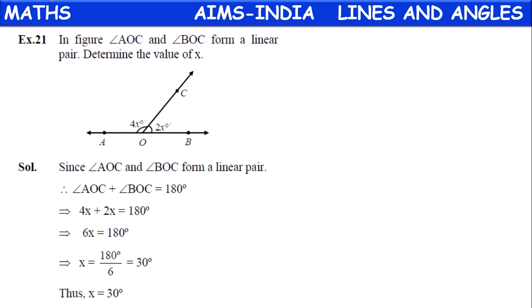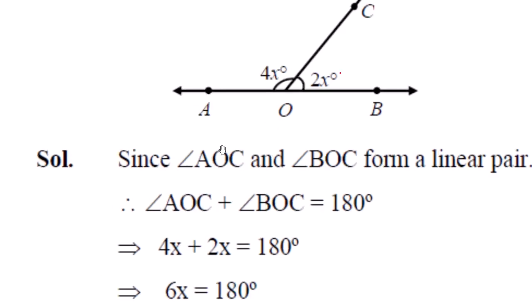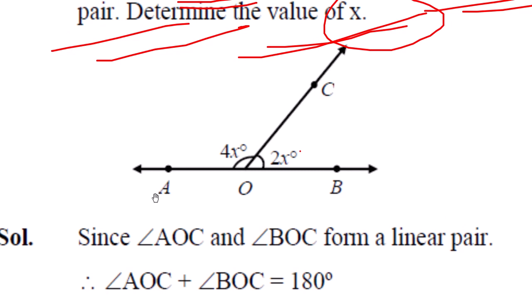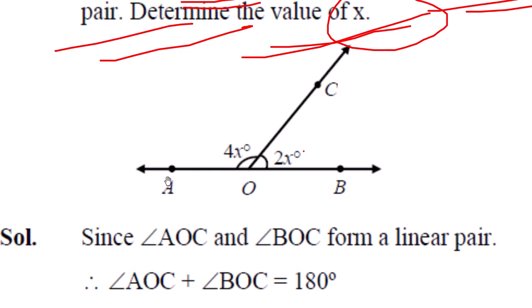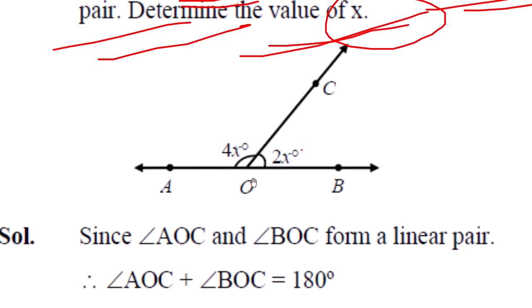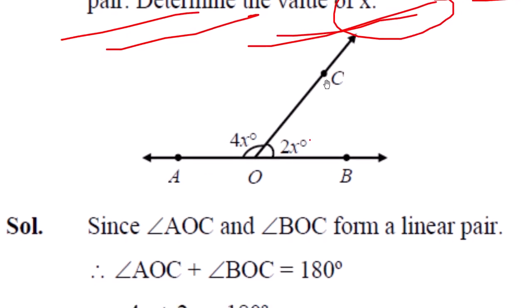Next one. In the figure, angle AOC and angle BOC form a linear pair. Determine the value of x. AB is a straight line. OC is a ray standing on it.